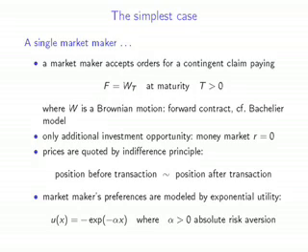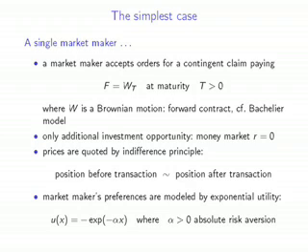And to quantify what it means to be as good as, we introduce, as usual, preferences, and more specifically, we will look at exponential utility to describe our market maker's preferences for positions at time capital T. So this is this alpha here, which is the absolute risk aversion of the agent. Okay, so that's the market maker.